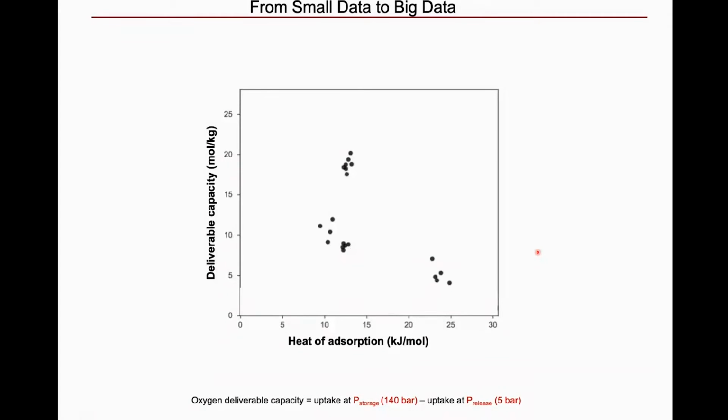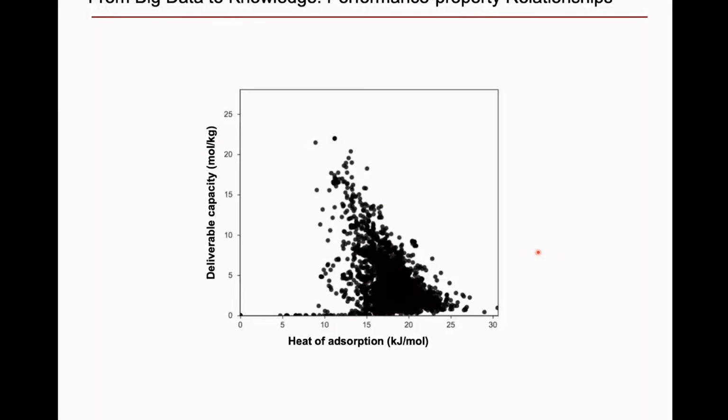Now, if I repeat these calculations that I did for these 20 structures, but now I do it for 3,000 materials, these are actually the materials that we took from the CoRE MOF database, which are based on the CSD structures. If I repeat this for 3,000 materials, my structure property graph becomes much more clear and will look something like this.